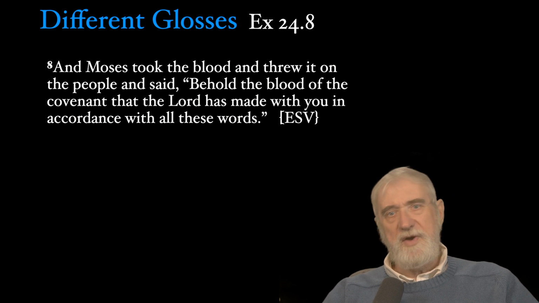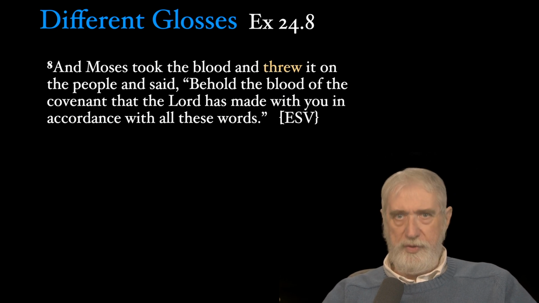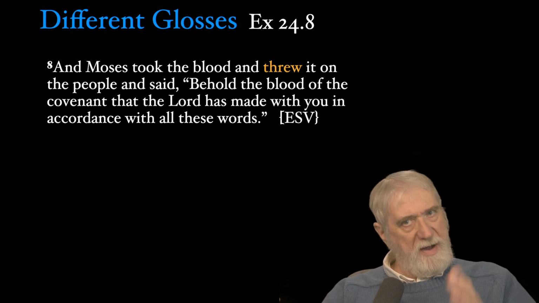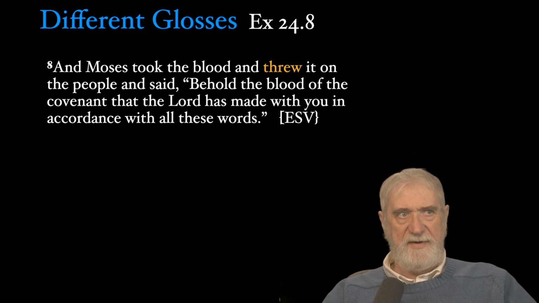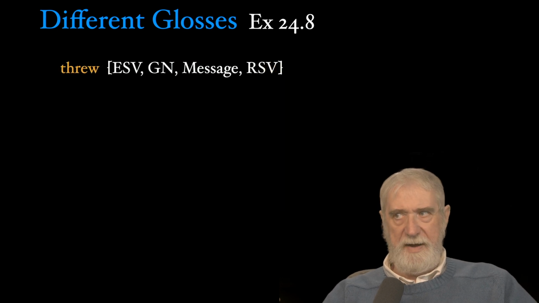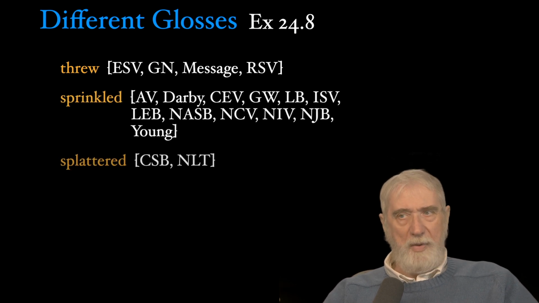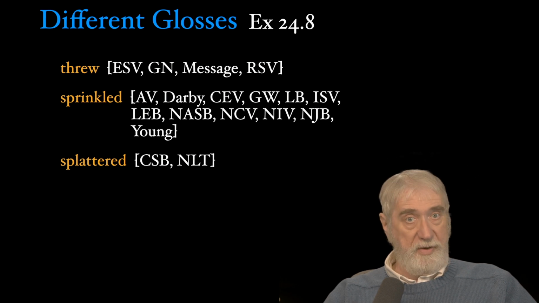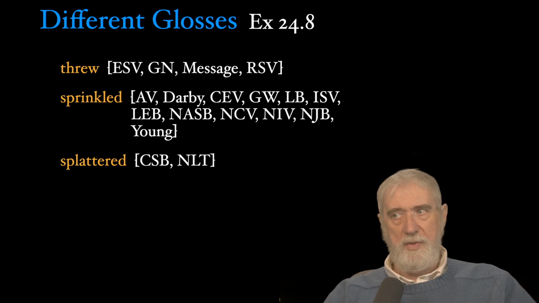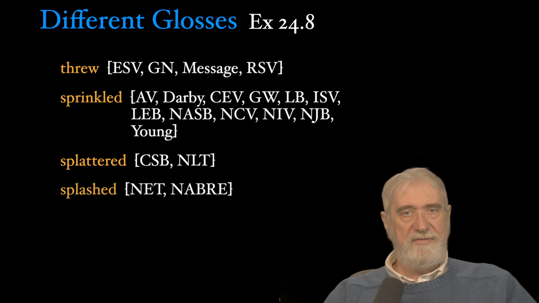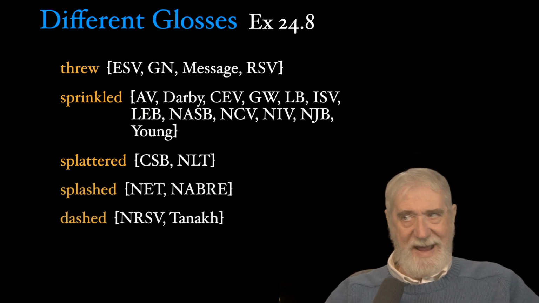And I want to focus for a moment on the word threw. Moses took the blood and threw it on the people. And if we compare this with other translations, we would find that the word throw is used by a number. Even more have chosen the English word sprinkle. A couple have selected splattered as an English word, and others have used splashed, and some have even used dashed.